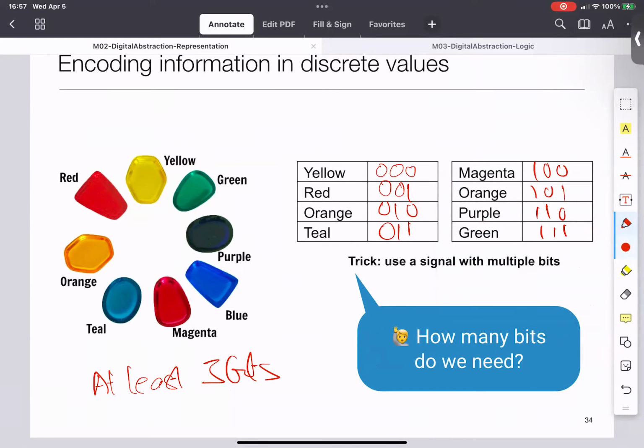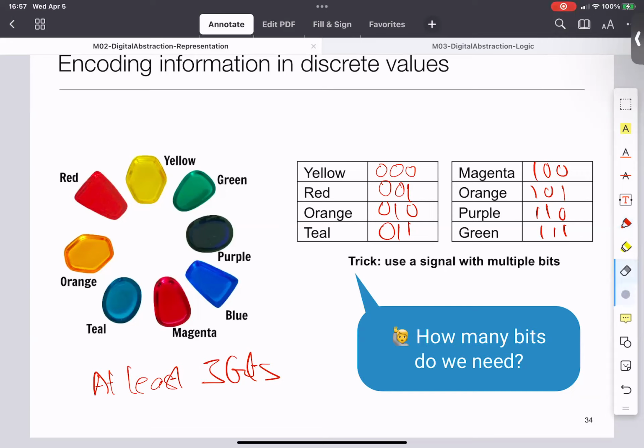How many different ways can I map colors to 3-bit values? This is one way, but maybe I can assign 0 0 0 to red. There are many different ways of doing it.